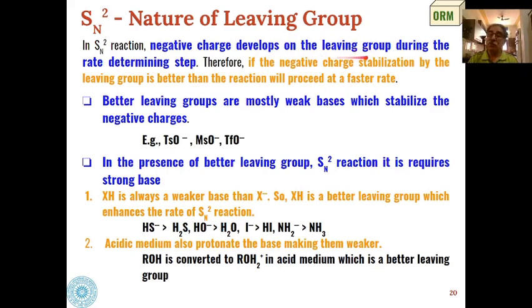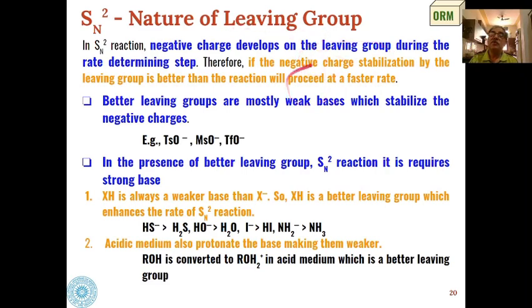If this negative charge is stabilized better by the leaving group, then the SN2 reaction will be a faster reaction. The rate of reaction will be higher. So the better the negative charge stabilization by the leaving group, the higher will be the rate of the reaction.